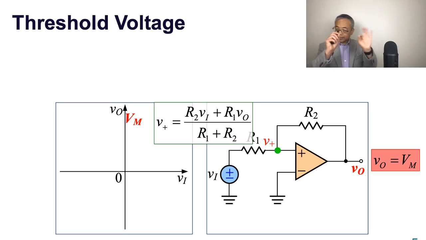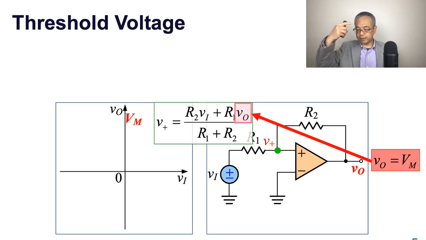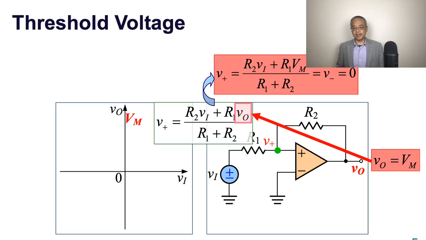So the threshold voltage, the critical point, is when V positive equals 0, right? So you plug in VO equals the first stable state and command V positive equals 0.